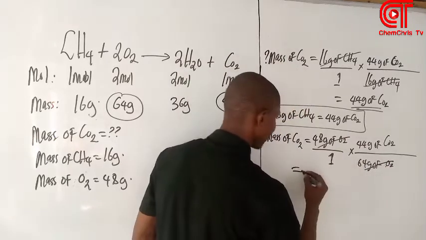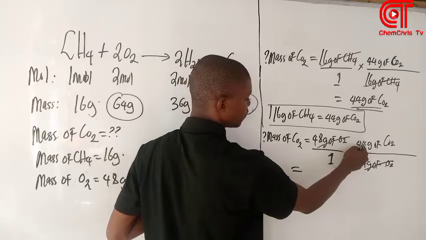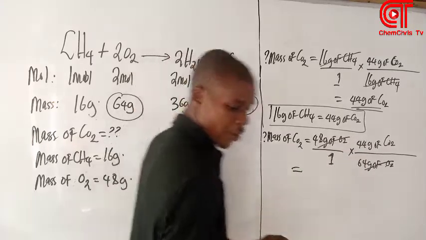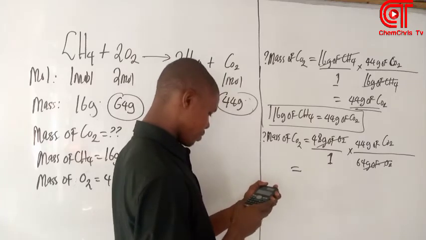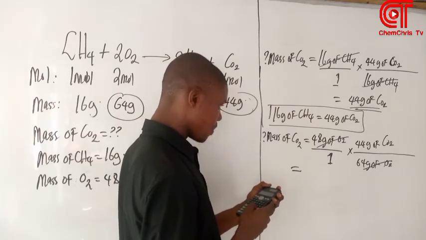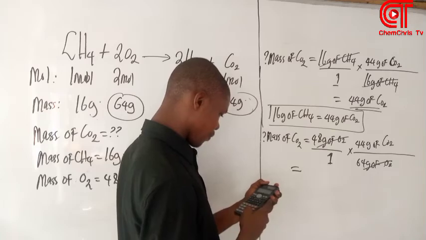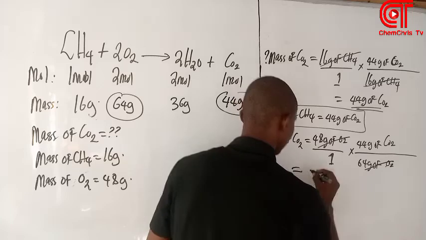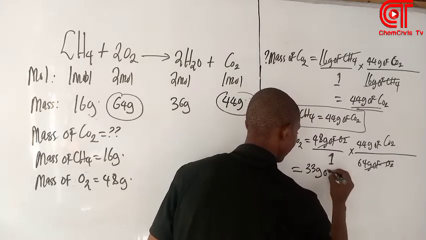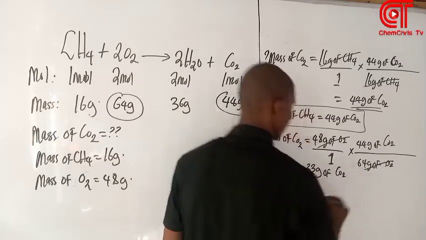Now when you do the calculation here, 48 times 44 divided by 64, here we have 33 grams of CO2.